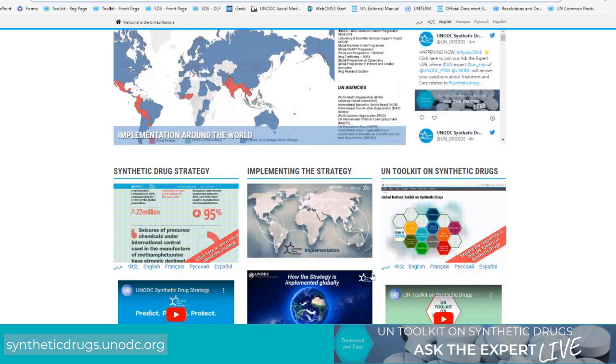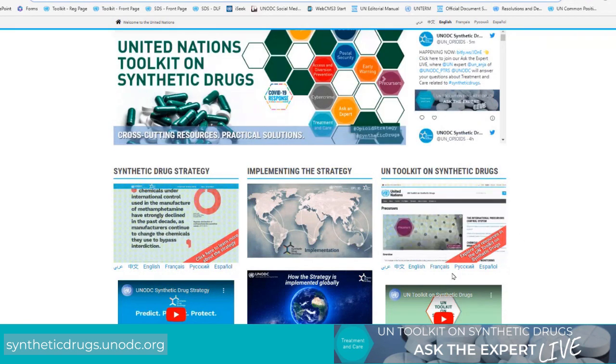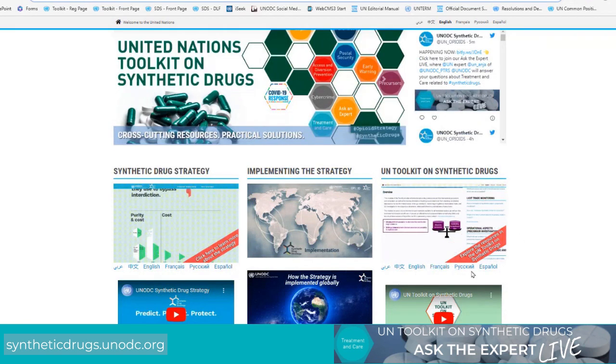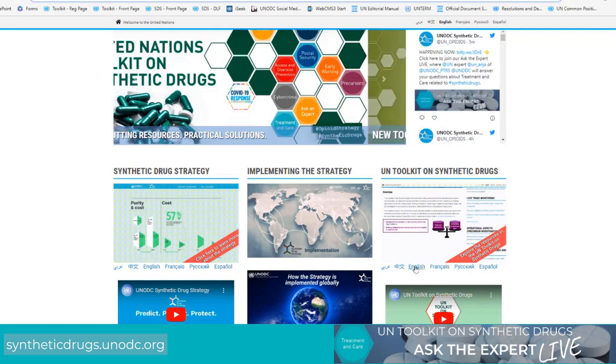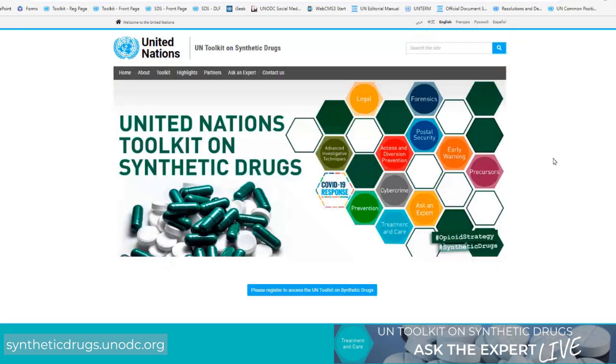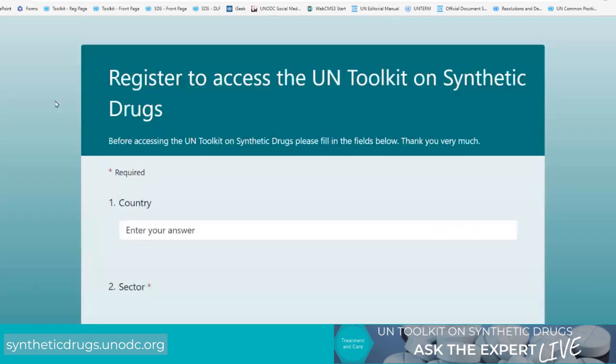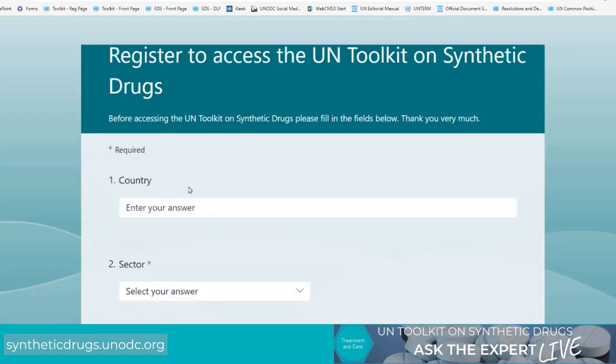As I was about to mention, the UN toolkit is available in all 6 official UN languages. In this case, I think English is the best option, so we'll go here. This takes you to the registration page for the toolkit, which you can do quickly and easily here. It only takes a few minutes.